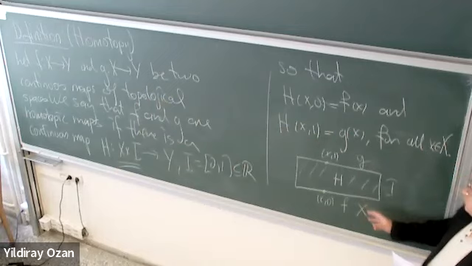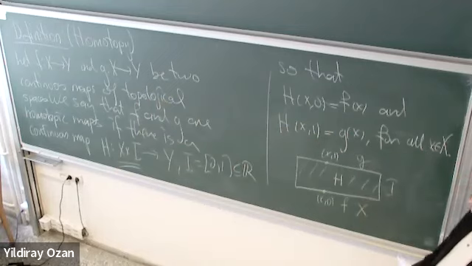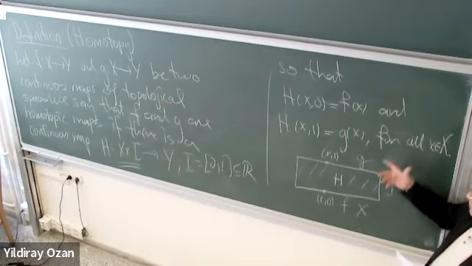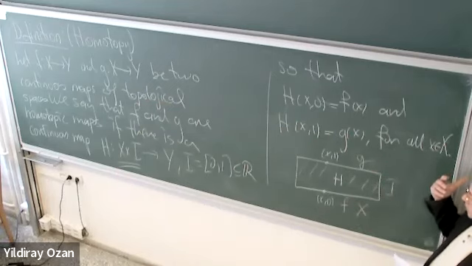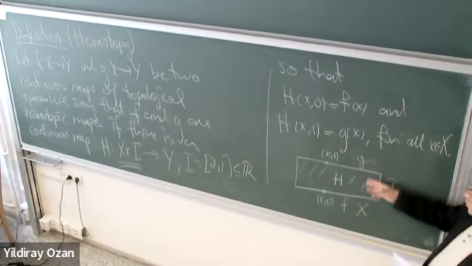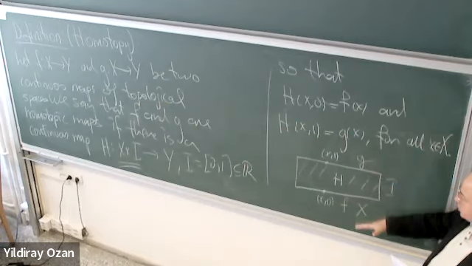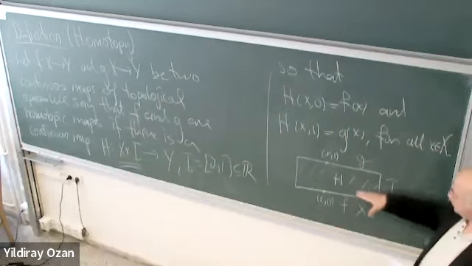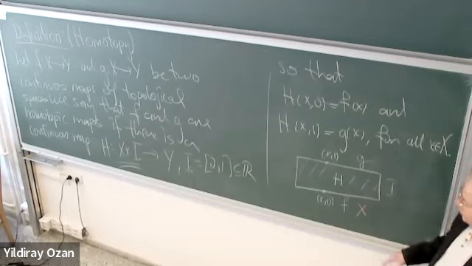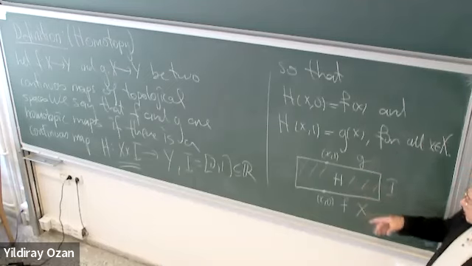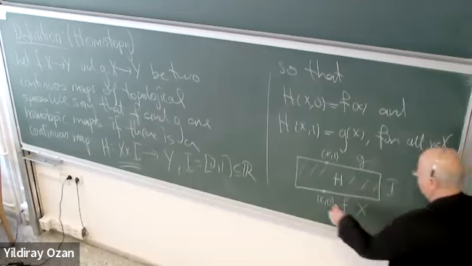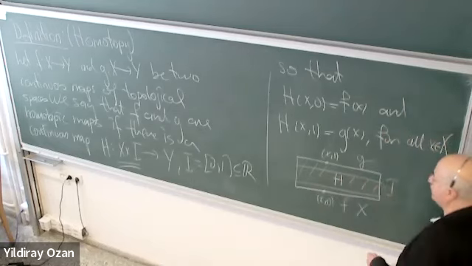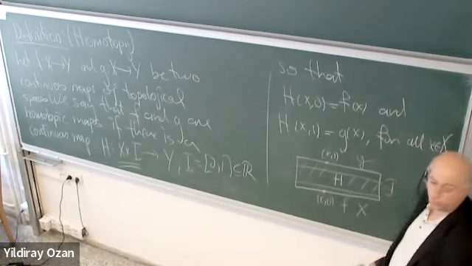So what does this mean? It means that you have two maps f and g from a space into another, and these two maps are connected to each other via continuous maps. So at each step you have a continuous map, but actually it is a little more than that. Not only are all these levels continuous, but the whole map is continuous.